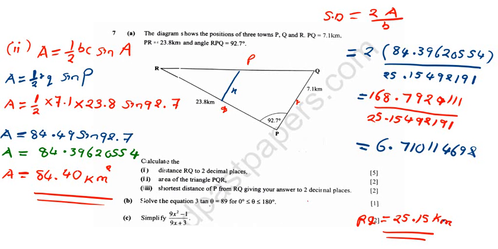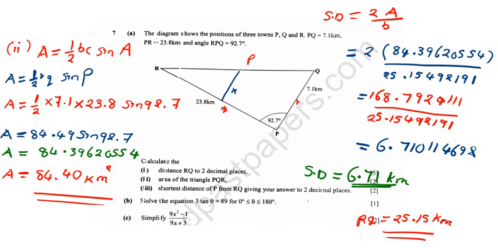They said we leave our answer to two decimal places, so I can say SD is equal to 6.71, which is in kilometers. So that's my final answer. So for 7a we are done.